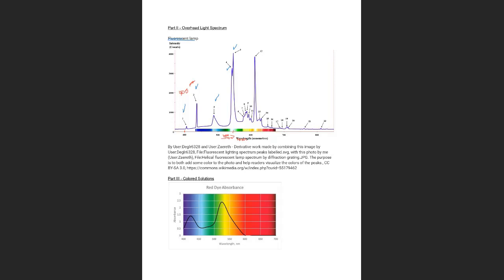The second part is to calculate the energy using the formula that I gave you. Let's say for number 1, just to do one, the energy for the peak number 1 is going to be the same as we did before. It's going to be the Planck constant times the speed of light divided by the wavelength.